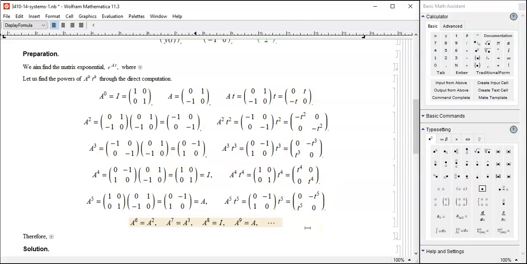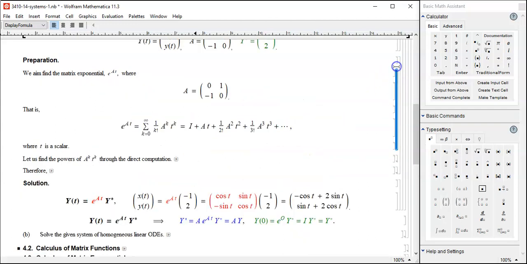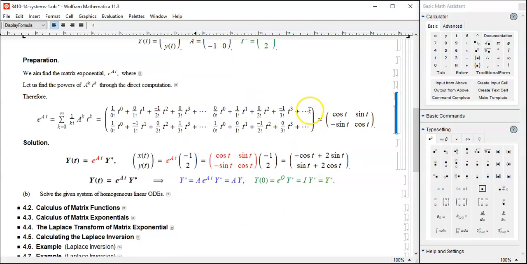We were lucky to find a pattern. Using the pattern, plug everything back into the Taylor series expansion here. Then we get the Taylor series expansion for each entry. And then we look for a pattern for each entry, and luckily, times 4, we got an appropriate pattern for all 4 entries, and then we ended up with this matrix, which we have right here.